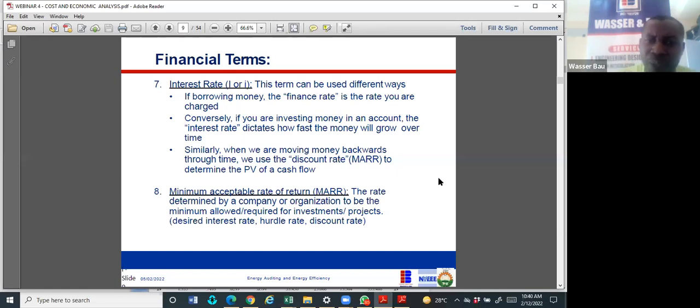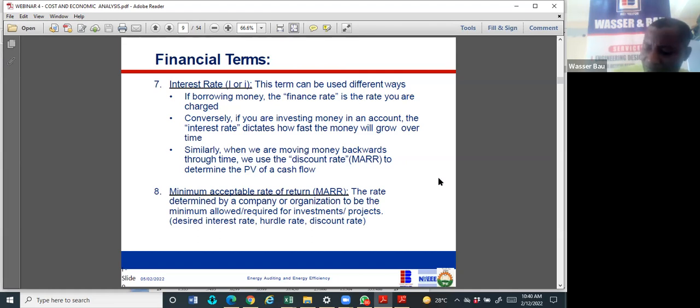Okay. Then minimum acceptable rate of return, we've discussed it. He says it is the rate determined by a company or organization to be the minimum allowable required for investments. Meaning every company, even individuals, should have a MARR. It is that point, as I said, where your NPV is 0, which is your IRR plus your markup.